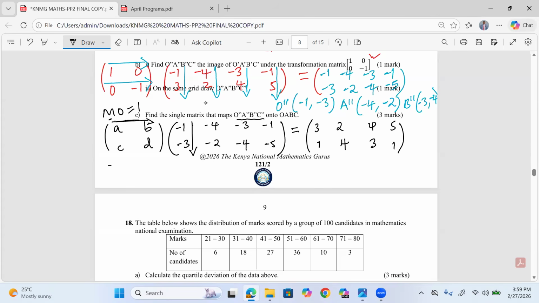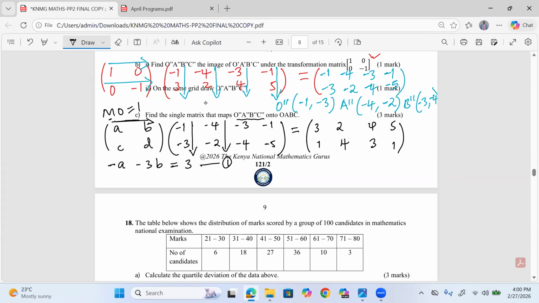So A by -1, it becomes -A, and B by -3, it becomes -3B. This is supposed to give us 3. This is equation 1. We can use A and B again using the second column, so that we may get another equation in A and B.